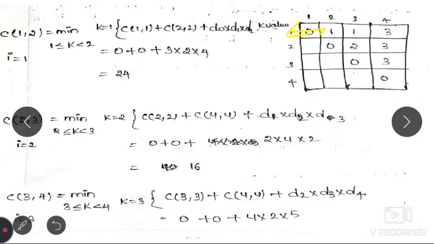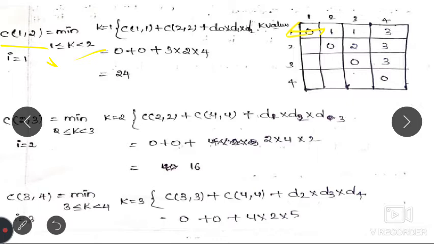This is another table for writing the k values, the k value at which the cost is minimum. So first we have to find the cost of 1 comma 2. Here minimum of i less than or equal to k less than j, i value is 1, j value is 2. So cost of i comma k is 1 comma 1, cost of k plus 1 comma j is 2 comma 2, i minus 1 is 0, j value 2, k value 1.